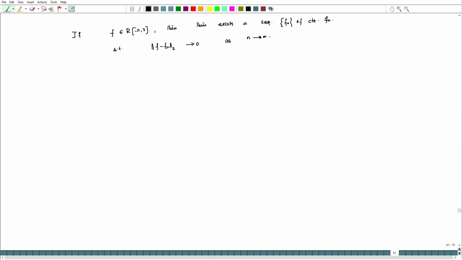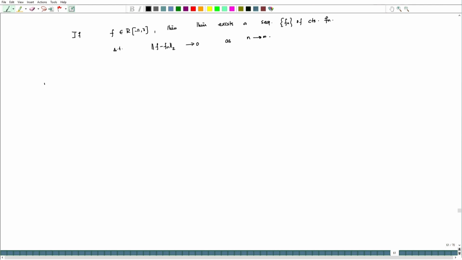So, once we have this, then with the standard argument we can prove this result for f a Riemann integrable function. Now let us see some of the interesting corollaries of this. It has many applications.